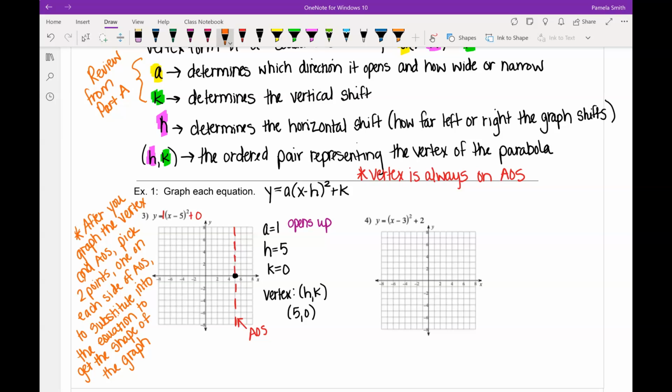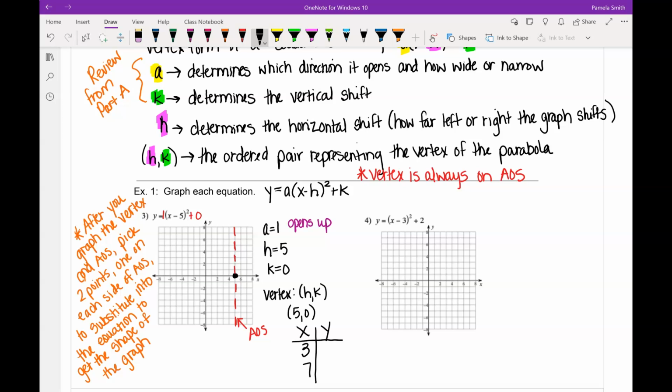So for my T-chart, I'm going to go 2 units to the left of the 5 and 2 units to the right. You don't have to do 2. You can do 3. You could do 4. The problem is if you go too many units on either side, you might end up off the graph. So if my axis of symmetry is at 5, 2 units to the left would be 3. 2 units to the right would be 7.